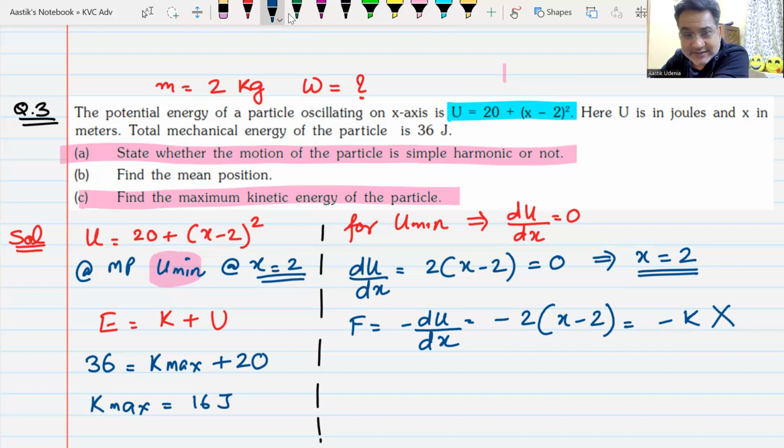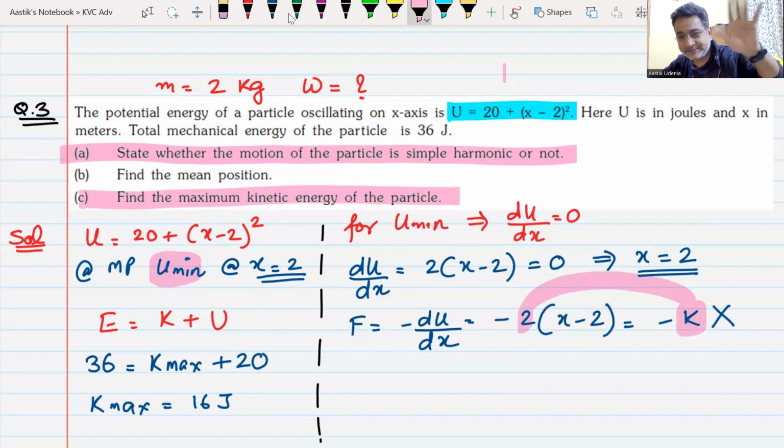The mean position is at x equal to 2. From there you can find out the value of k. The value of k is 2. Understood, sir.